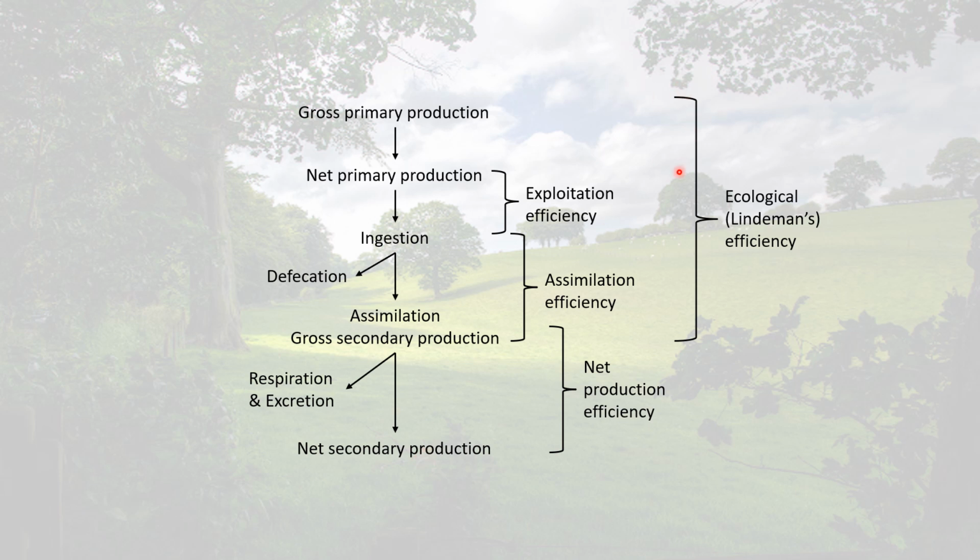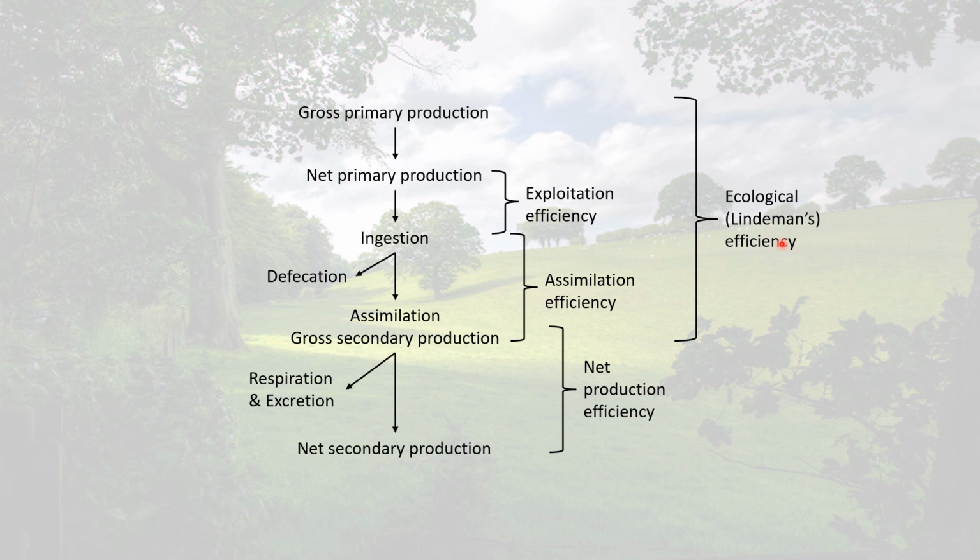And ecological efficiency, which is Lindeman's efficiency, is different for plants, herbivores, and primary consumers. The rate of assimilation by plants divided by solar influx energy into 100 will give the ecological efficiency for plants.